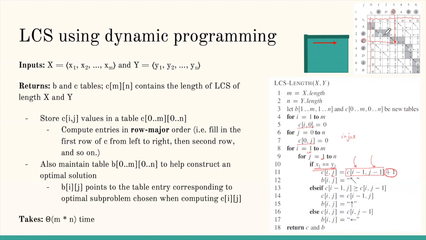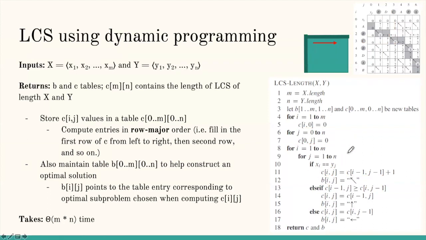So C22 is 1, and then we add 1 to it, and that's how we get this 2. And then we also set our matrix Bij to this tilted upward facing arrow, because this is one of the cases where we have xi equals yj, and this represents the common character that is a part of the LCS. Also, if you remember, this is the equation that expresses the recursive definition of the LCS problem.